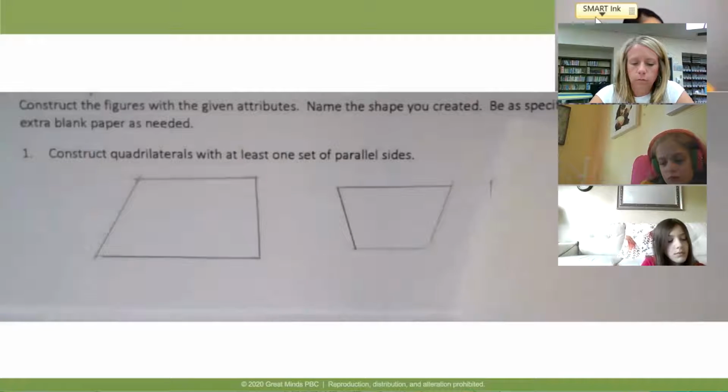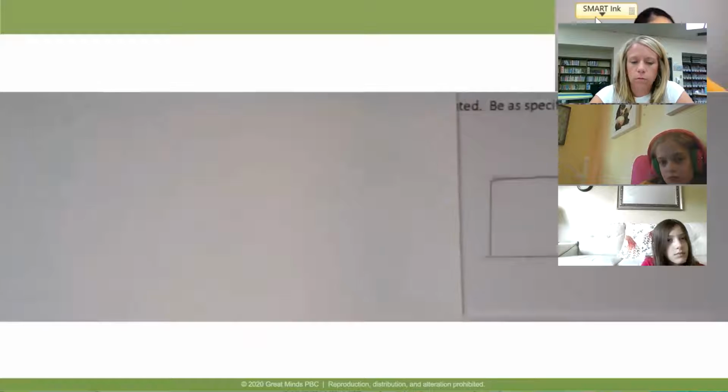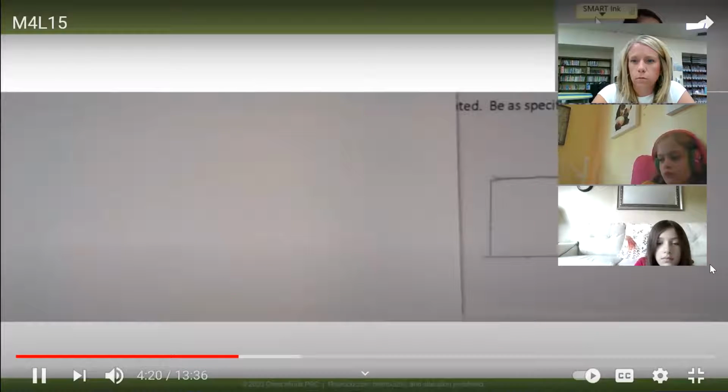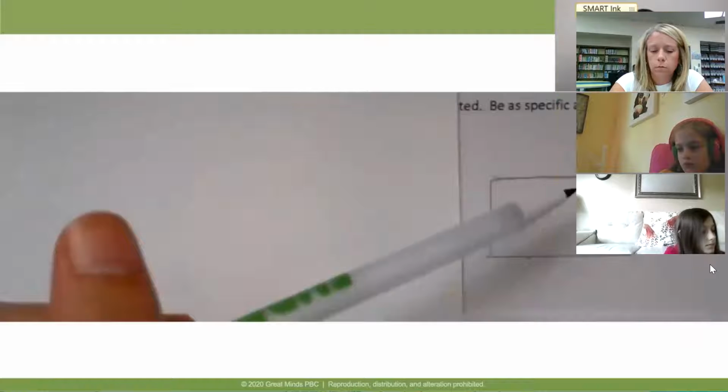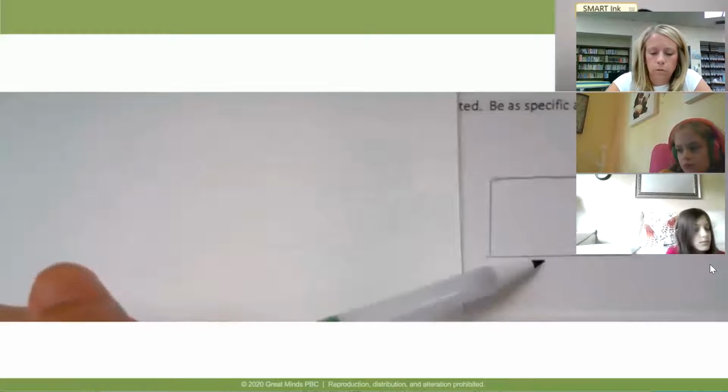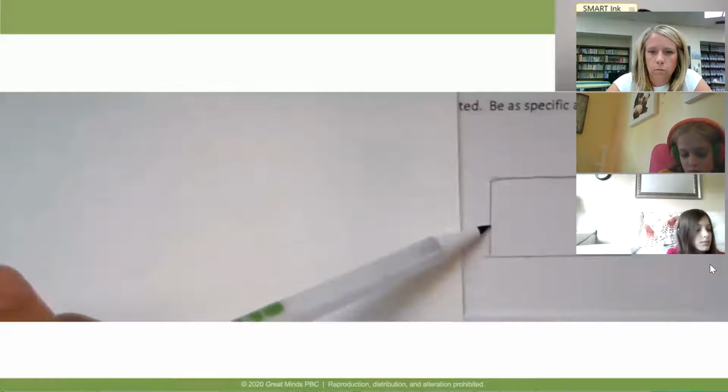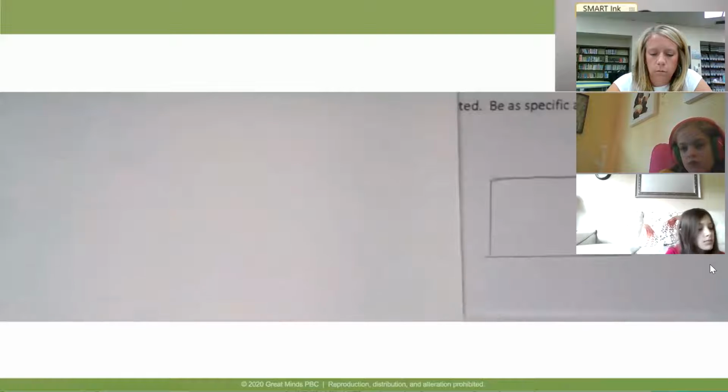What about in the third trapezoid I drew? Can you identify two lines here that are parallel? This one actually has two. This line is parallel with this one, and this line is parallel with this one here.